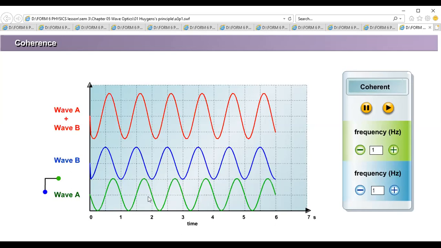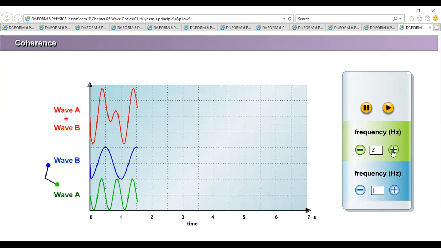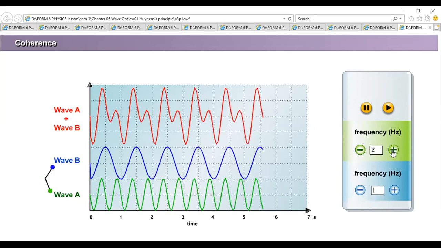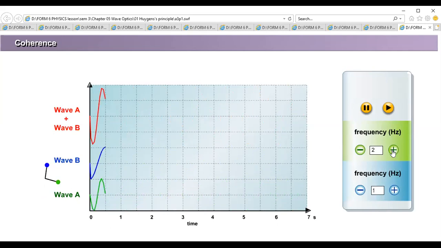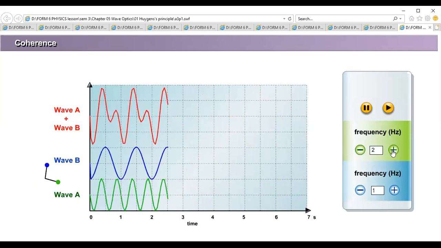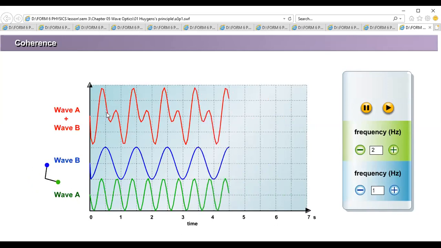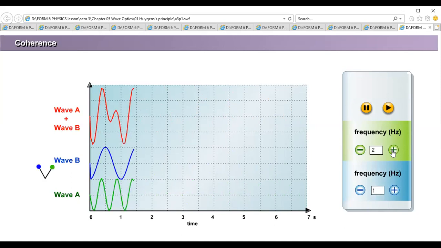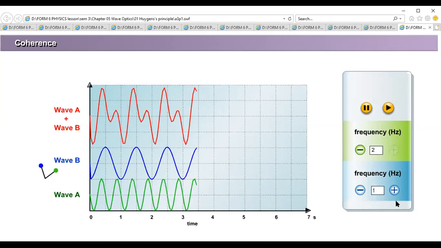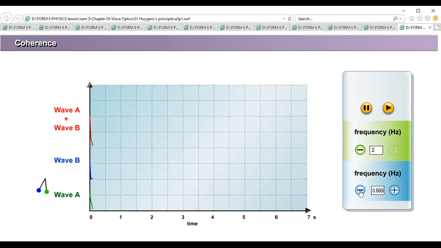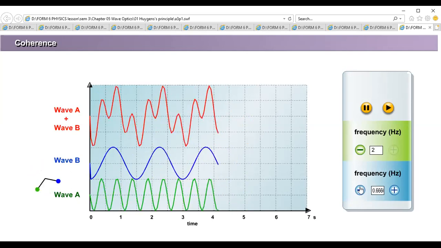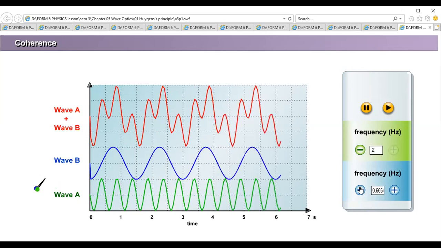What will happen if the frequency of wave A slightly increases? We notice that the resultant wave produced will change its pattern. If I reduce the other wave, this will be the wave pattern produced.